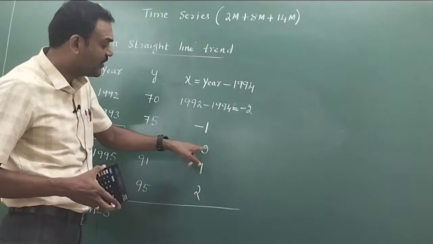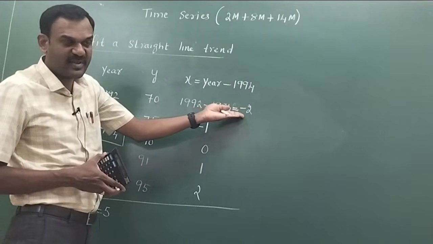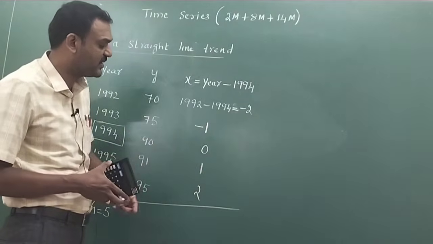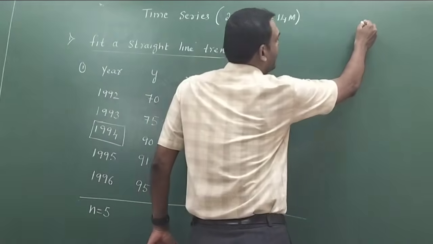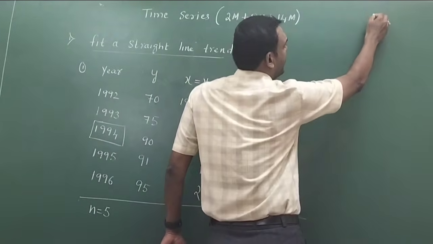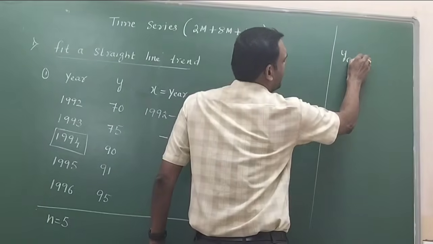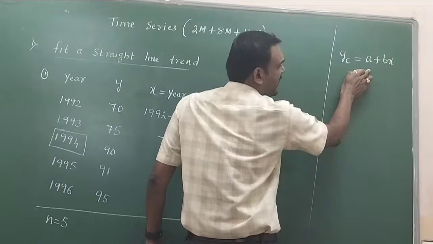Usually the middle is 0. Above 0 there will be negative numbers, below 0 positive numbers. Just identify that. Next is the formula. Here the formula is Yc equals A plus BX. This is the formula for the straight line trend.